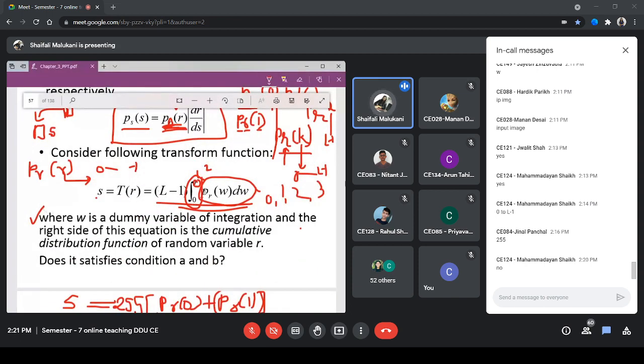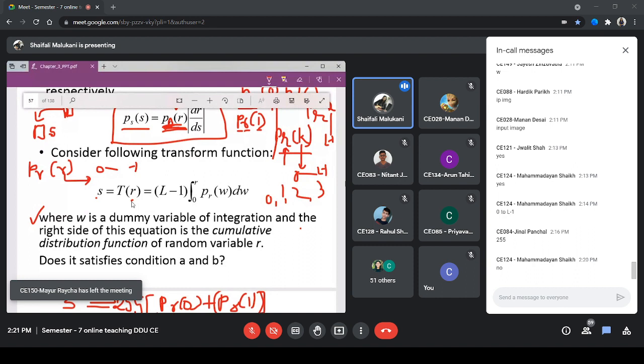What about the second condition? If my R value is L minus 1, then this also should be in the range of 0 to L minus 1. So if my R value is L minus 1, then this will be L minus 1.